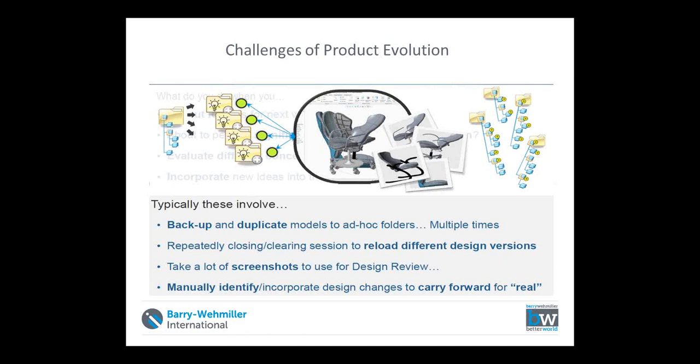That's what we are going to look at in our demonstration today and the next slide as well. And after all these steps, you end up with multiple duplicates in different folders. Each has different iterations, and now you need to figure out manually how to get the right variations back in the real models and what goes where. And again, it could be a grueling task to do that.